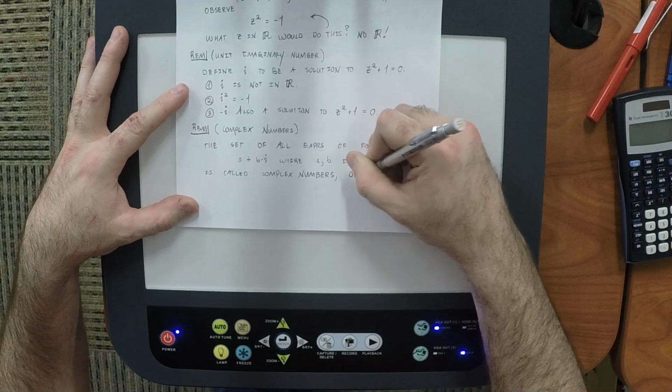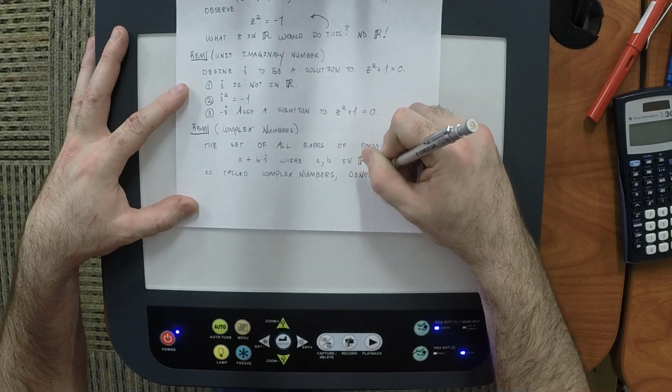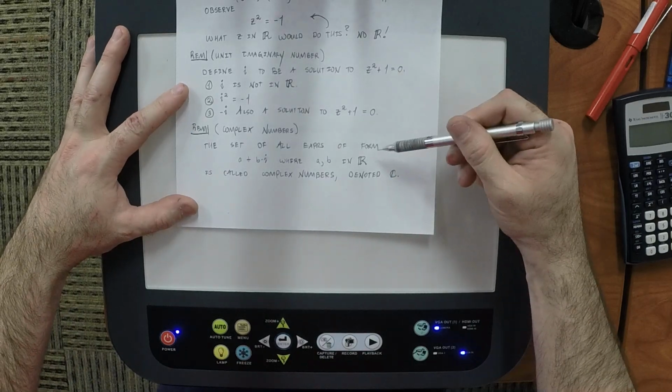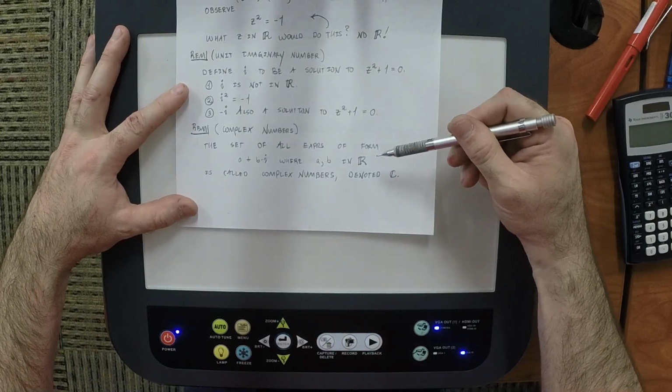And that set is denoted with a fancy C, in the same kind of way that the reals are denoted with a fancy R.